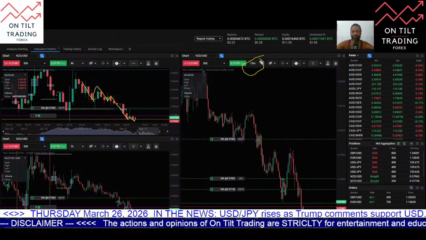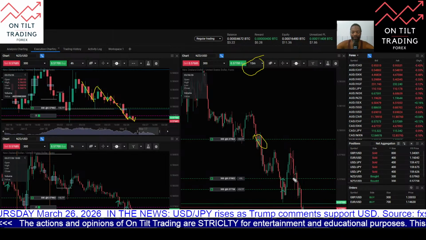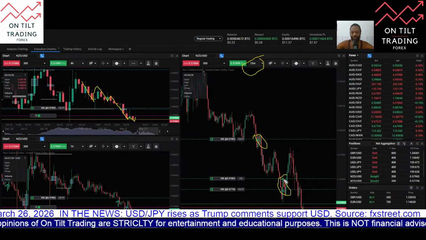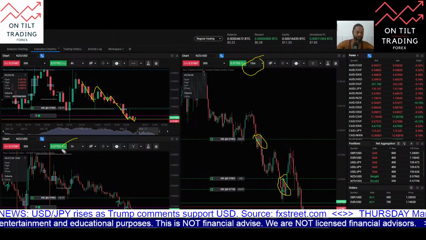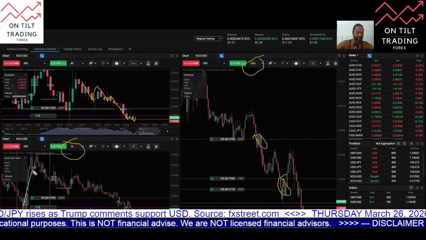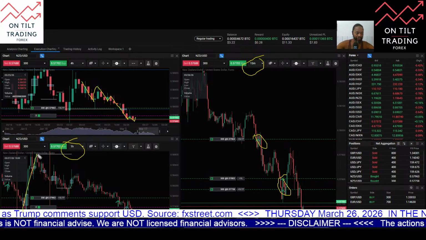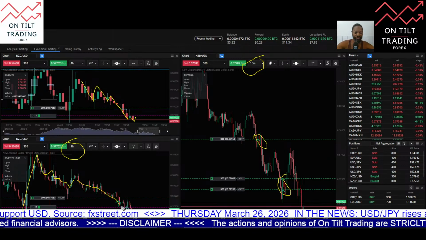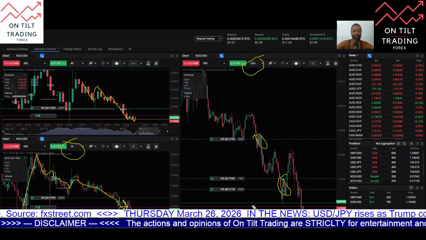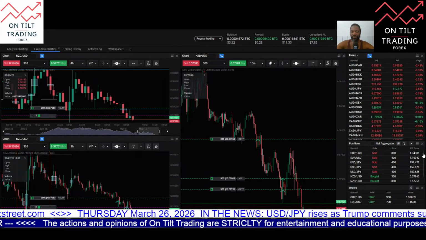You can see here on the 15-minute entry here, and then a couple of entries here this morning as price pulls back. But you can see here on the hour as well, this aggressive buy, and then you can see price just pretty much drift here to the sell side.